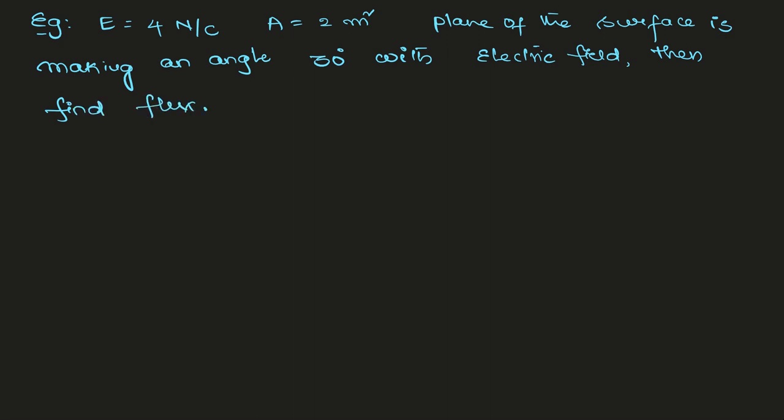If they ask a question like this, this is our surface, and for that surface this is our area vector, and the field is inclined like this, this is the electric field vector. They gave one statement that the plane of the surface is making an angle of 30 degrees, so the angle between the vectors will be 60 degrees.